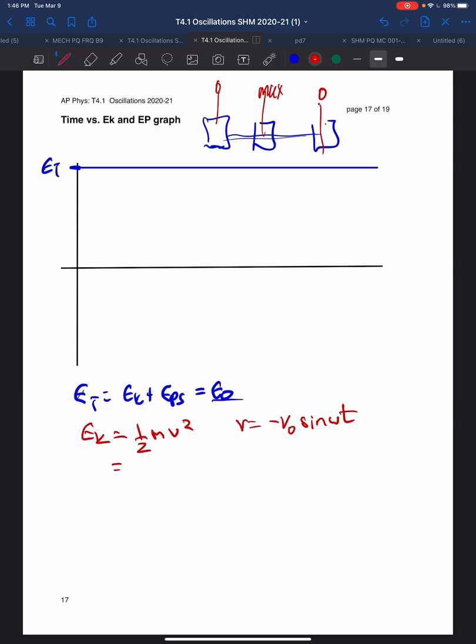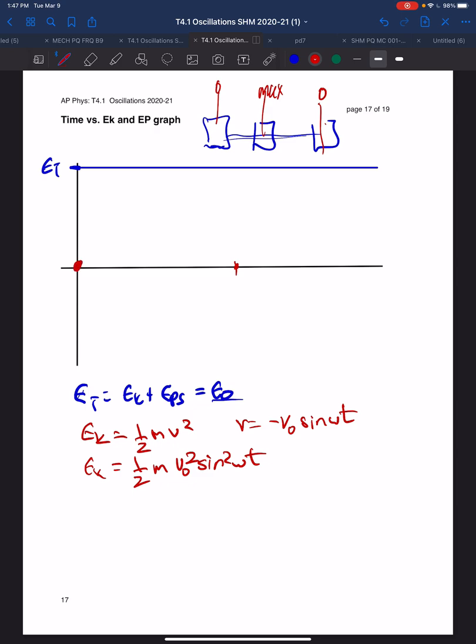So doing the algebra, we have 1/2 m v0 squared sine squared omega t as the kinetic energy. At time 0, the kinetic energy is 0.